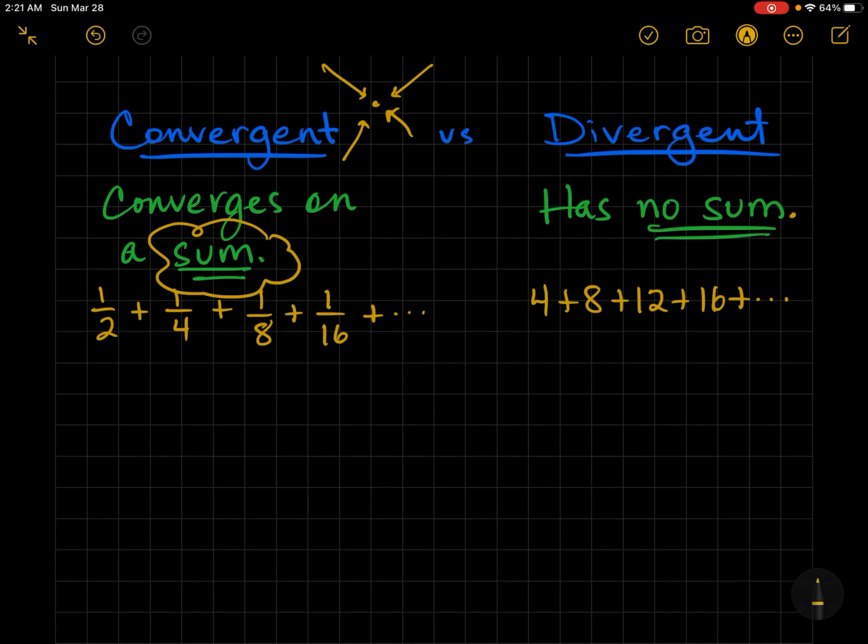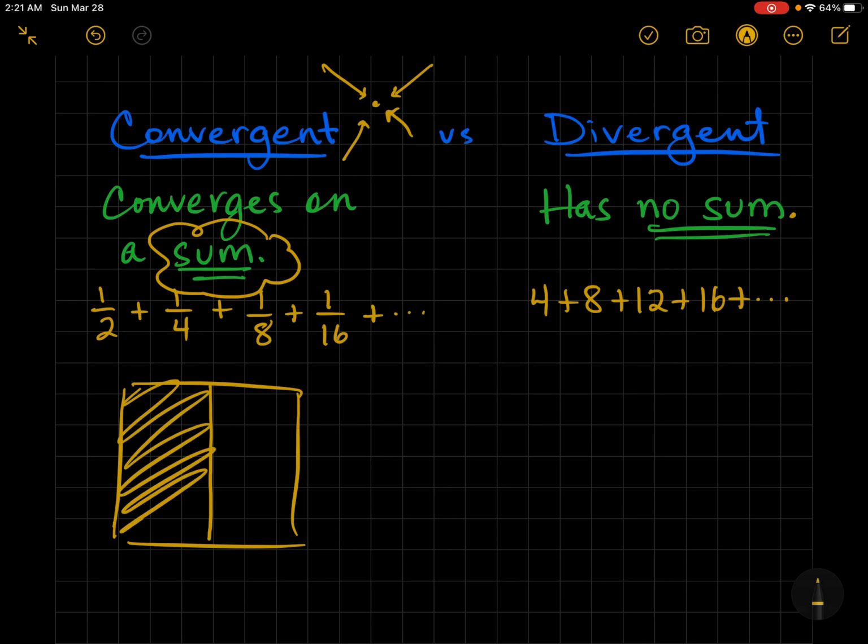For example, if we go back to how we first learned fractions, you might say 1/2 means make two equal parts, and then we take one out of the two. But let's say we add a fourth to that. These are four equal parts, so I'm going to add a fourth.